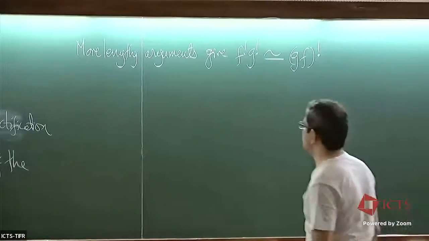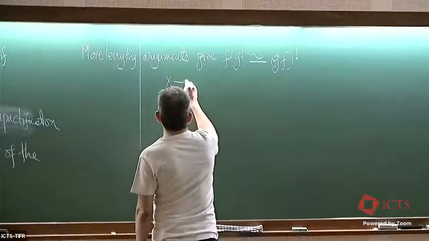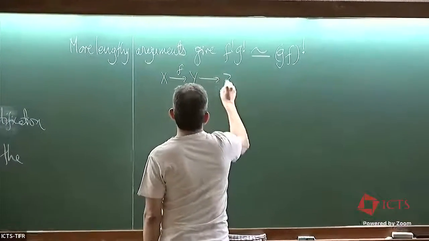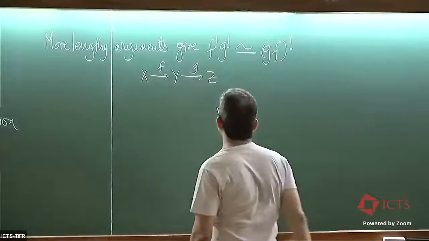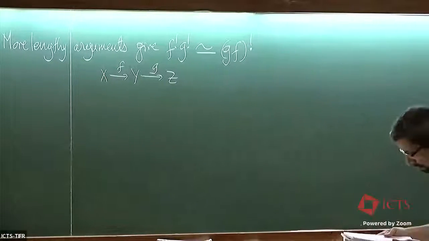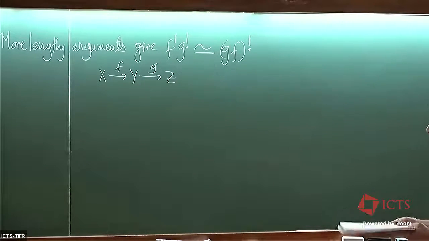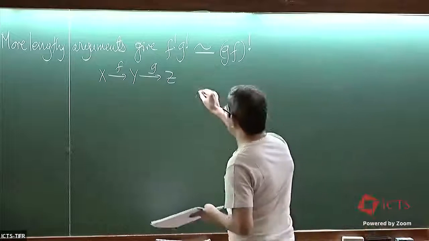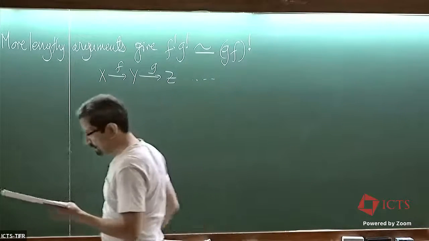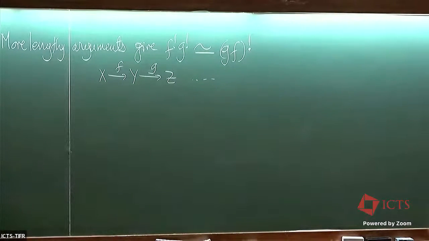So here F, this is obviously for X, Y, Z, G, etc. Meaning you have to check some associativity of these isomorphisms. So you have to set up a canonical isomorphism, and then you have to prove some associative rule.